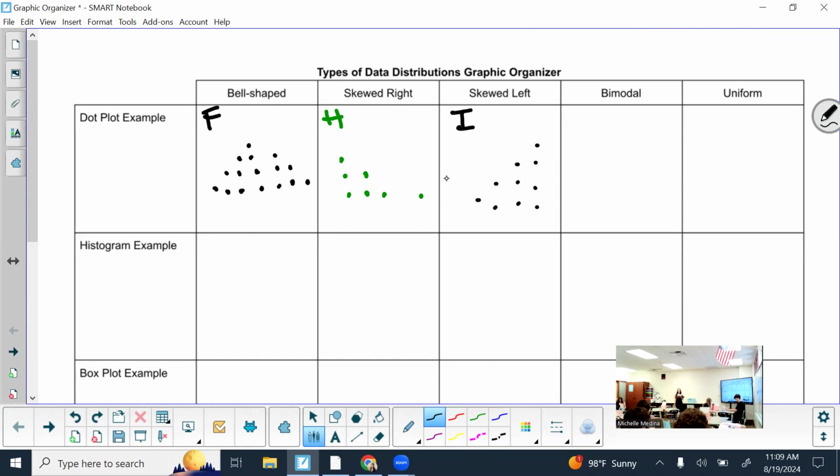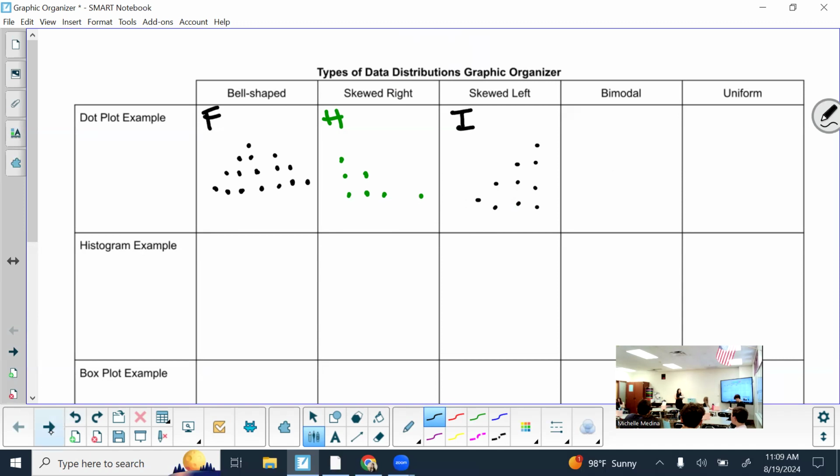Now, maybe I'll wait till we get to the histogram, but start thinking about what these, I don't know what you want to call it, outliers, if you will. They might not actually be outliers, but these ones that are farther from the data, think about what that does to the mean. Okay.